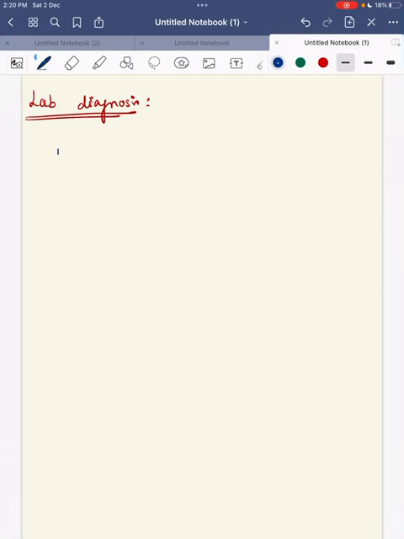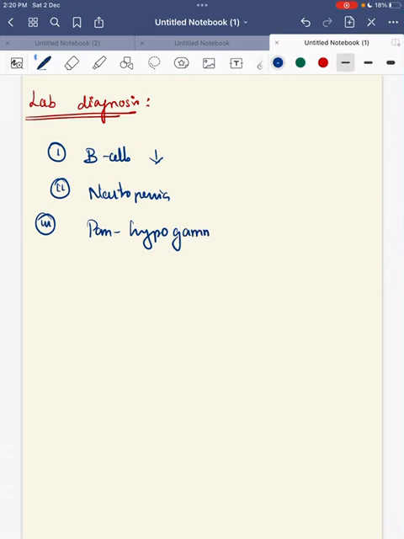Next, the lab diagnosis. The B cells will be reduced. The majority of children will present with neutropenia. In the immunoglobulin study, there will be pan-hypogammaglobulinemia, so IgG, IgA and IgM will all be reduced. B cells will account for less than 2% of the lymphocytes.